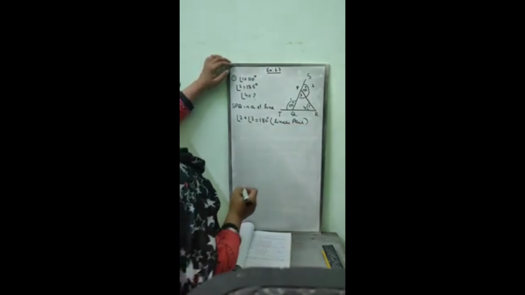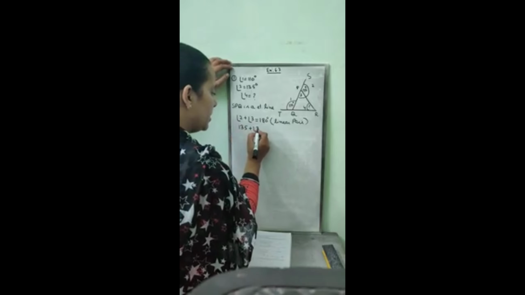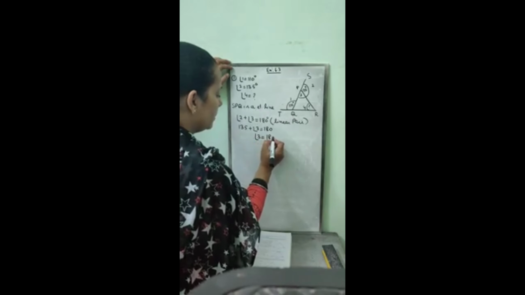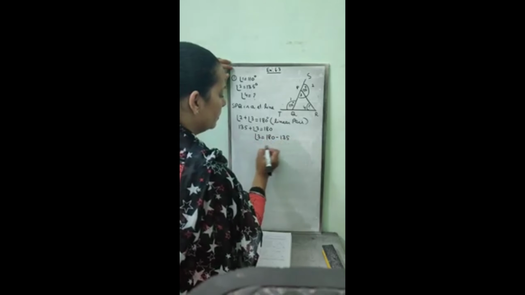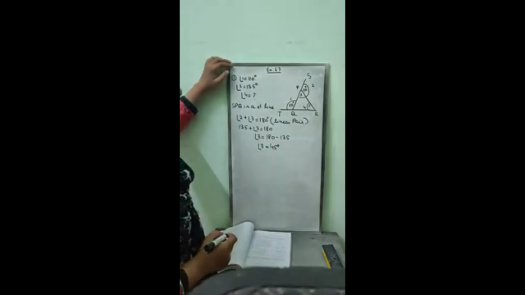Linear pair. 2 is 135. 3 is as it is. Angle 3 is 180 minus 135. Angle 3 is 45. Right?